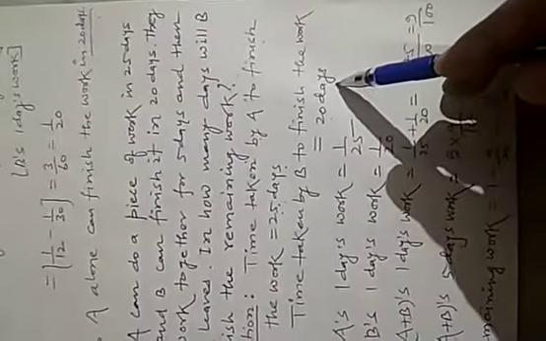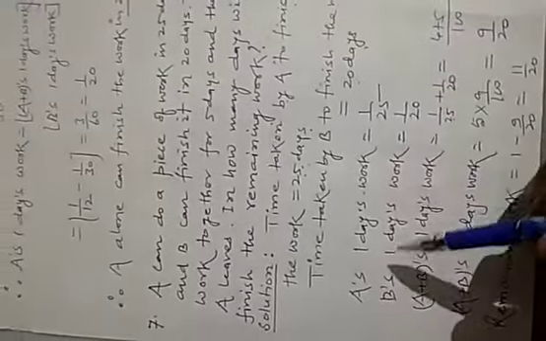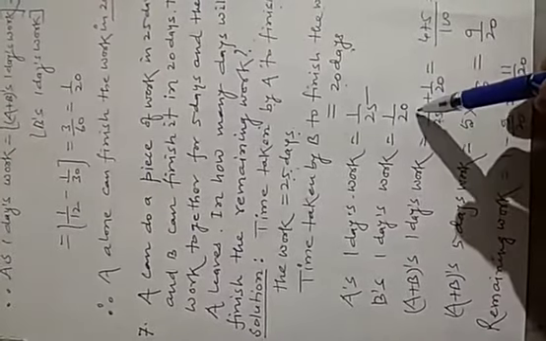Time taken by B to finish the work is equal to 20 days. A's 1 day work is 1 by 25. B's 1 day work is equal to 1 by 20. Now, A plus B's 1 day work is equal 1 by 25 plus 1 by 20. After solving it, we get result 9 by 100.